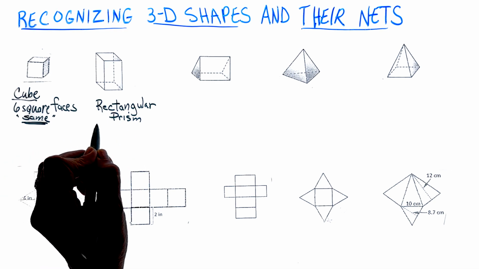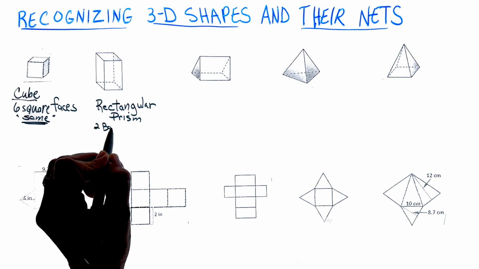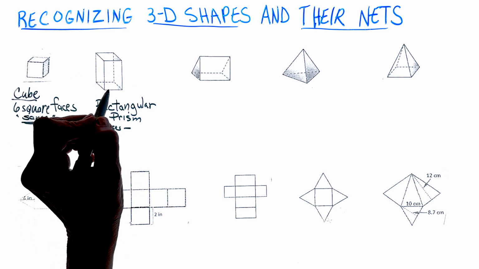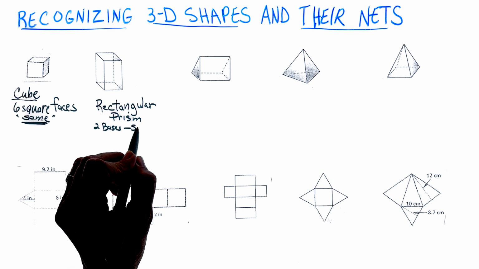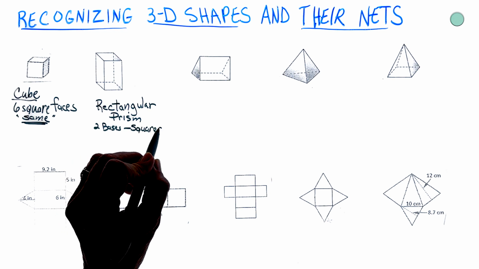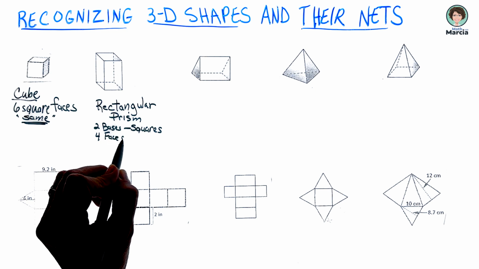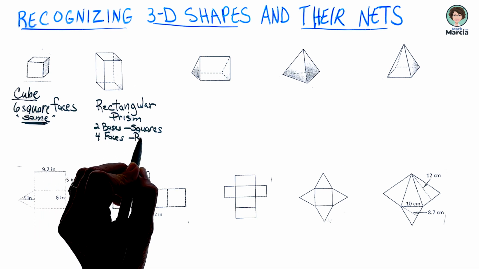We see that 2 of the bases are squares. It's the bottom and the top. But then it has 4 faces that are made up of rectangles.